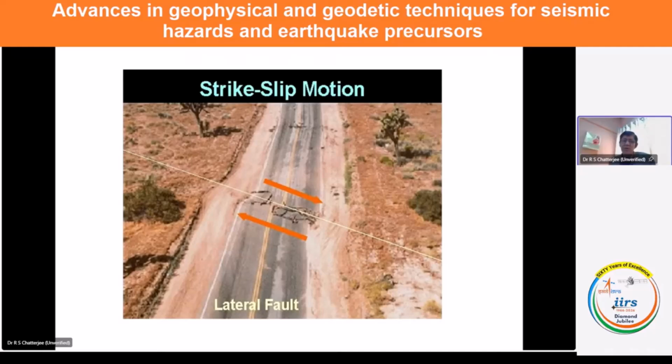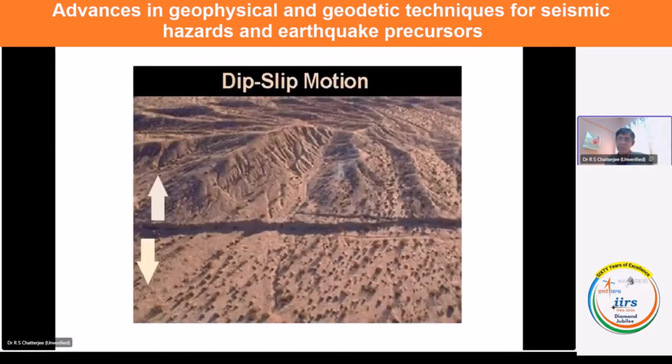Now you see some of the active tectonics features. You can see the highway, how it is offset; you can see it in the road itself, isn't it? Similarly, you can see it in the case of this deep slip motion here.